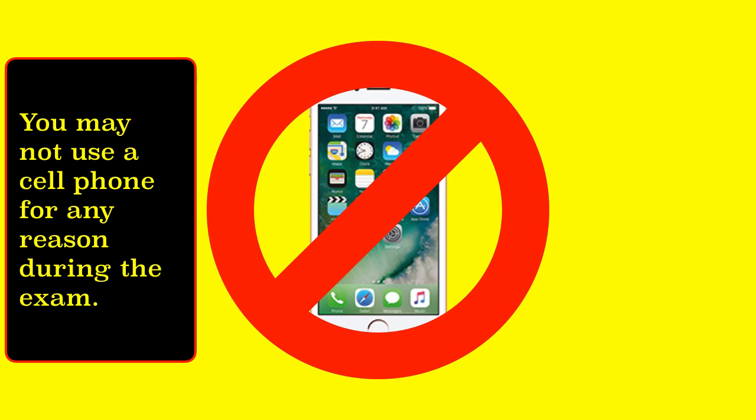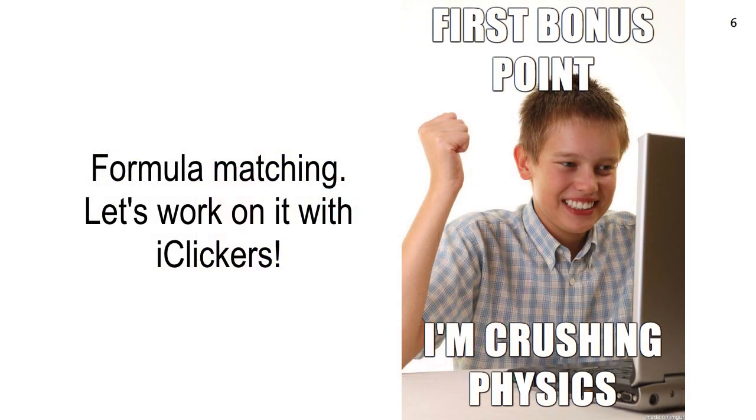The answer is no. What I normally do is give you a few matching items in the first 3 or 4 questions, with an equation over here and a list of concepts over there, and you have to match them. So it's equivalent to having an equation sheet, but you get points for it. You don't have to memorize. All you have to do is recognize.